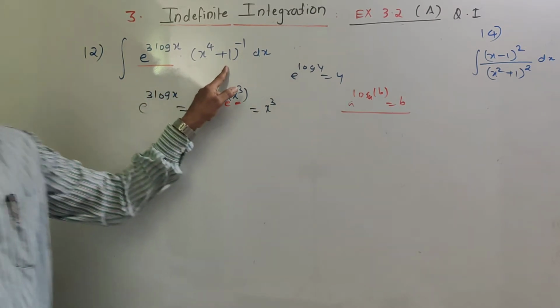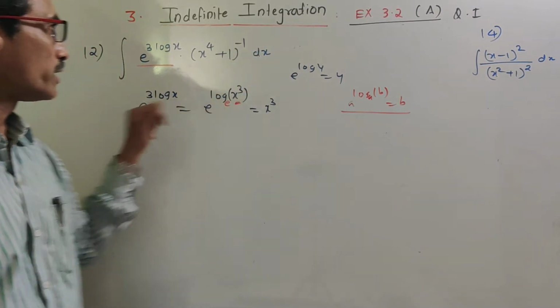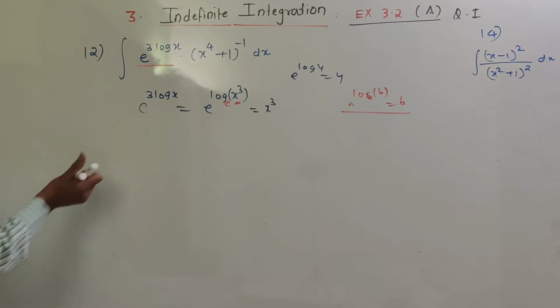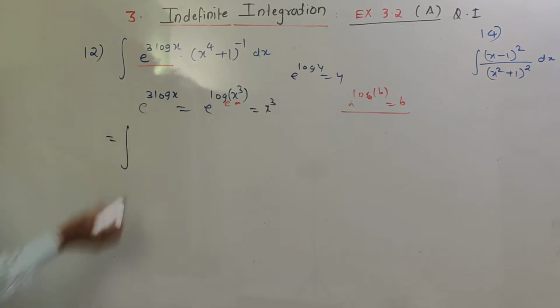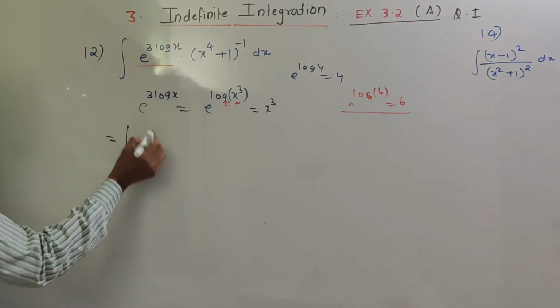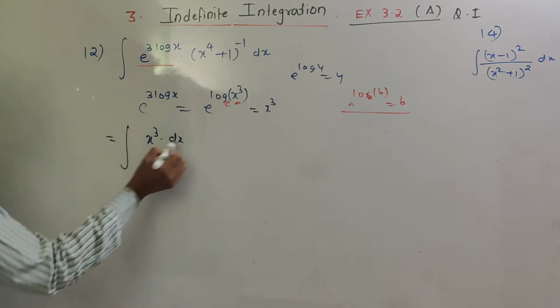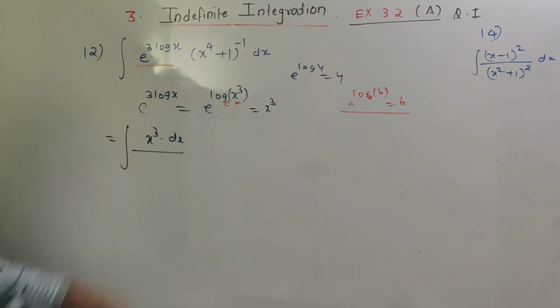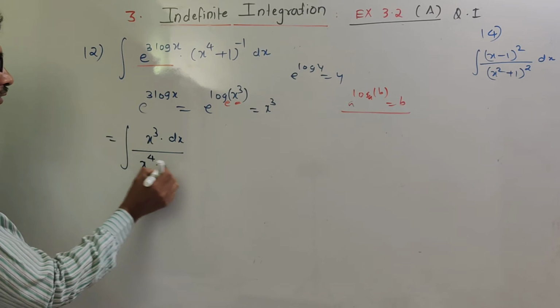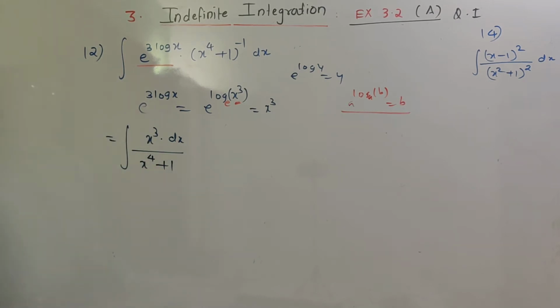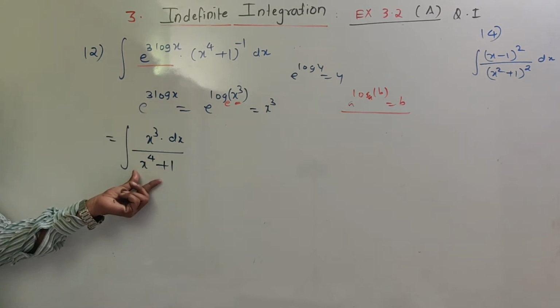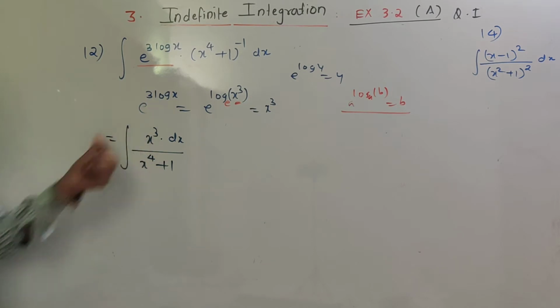And x to the power 4 plus 1 raised to power minus 1 will go in the denominator, so the integral will be x cube dx, and this whole will go in the denominator, x to the power 4 plus 1. Clearly the derivative of x to the power 4 is 4x cube.